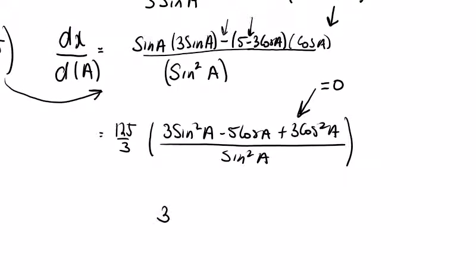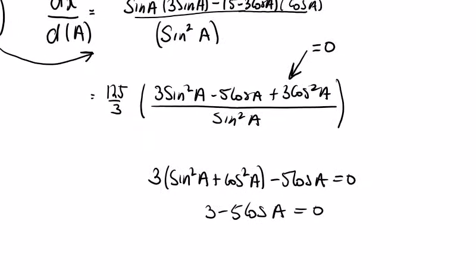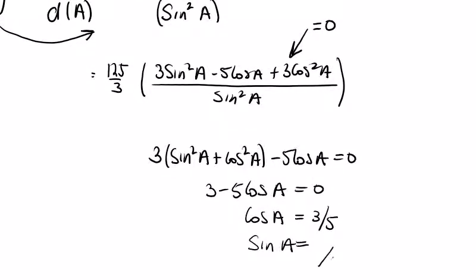So we can say that 3 by sine squared A plus cos squared A minus 5 cos A is equal to 0. 3 minus 5 cos A is equal to 0. So we're going to get cos A to be 3 over 5, giving me sine A to be, well, we have our hypotenuse on the bottom 5, so it has to be 4 over 5.